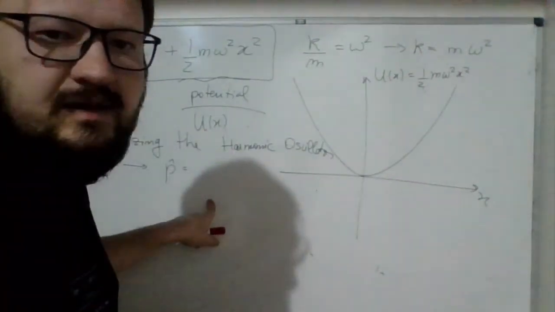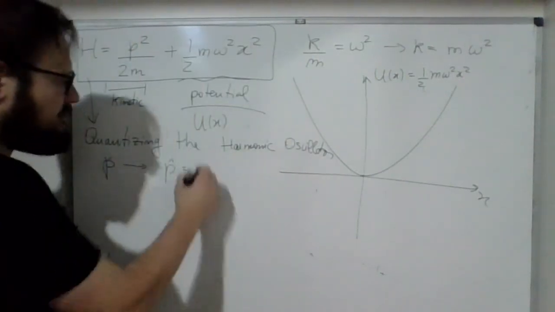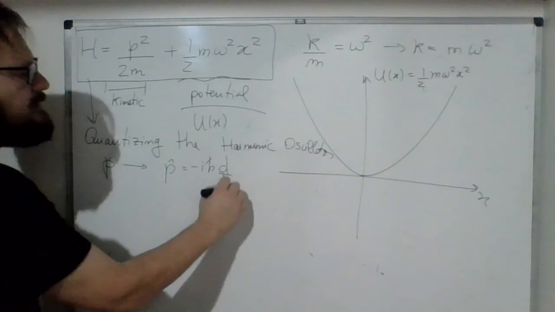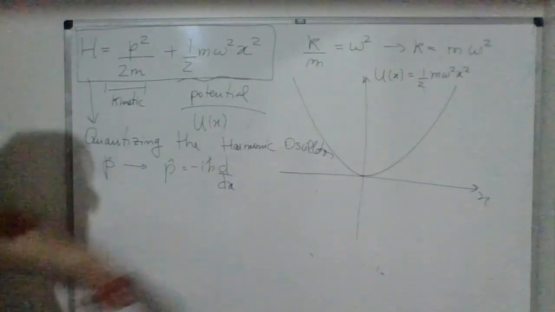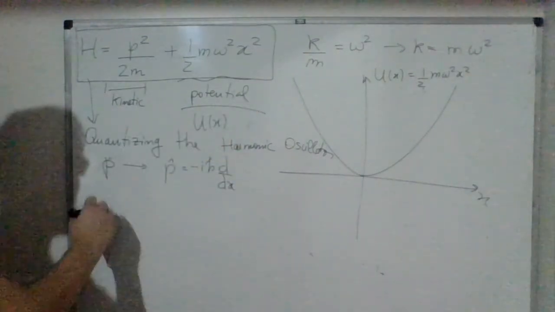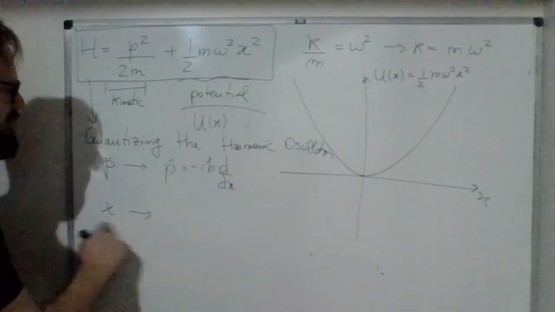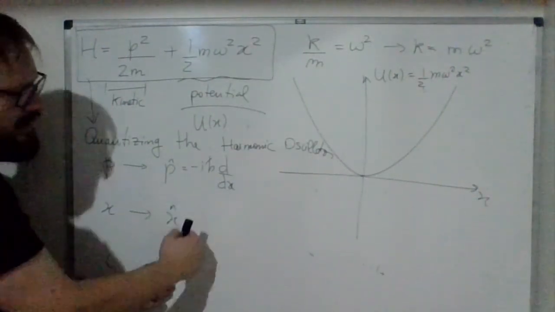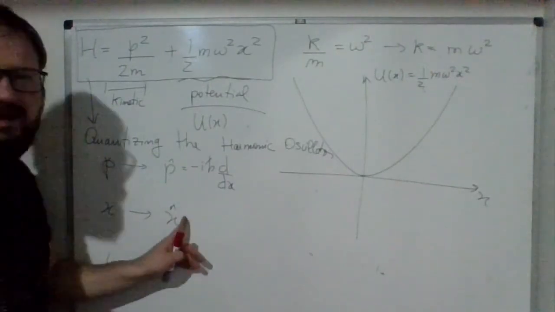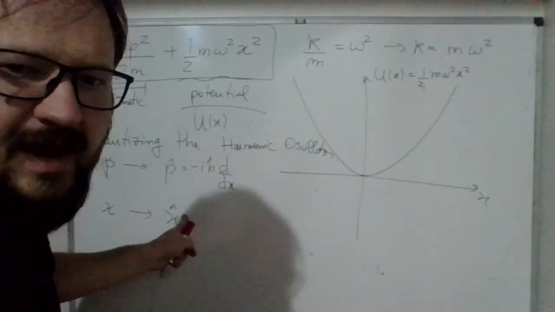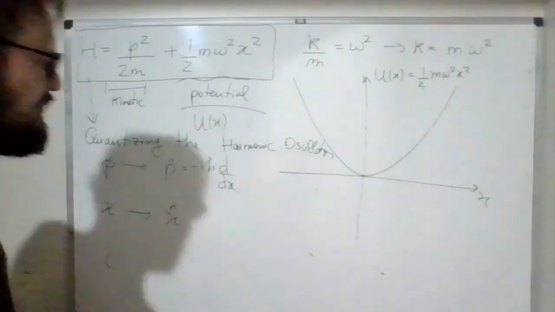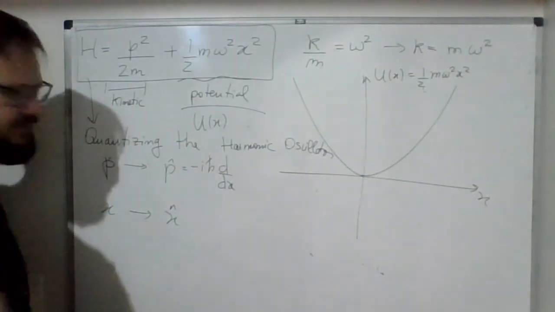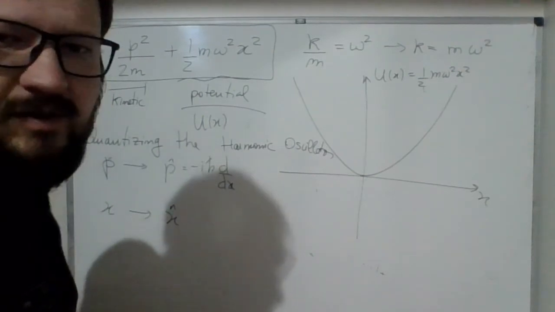We are dealing with just one dimension, so this is minus i h bar, partial derivative with respect to the x variable, and we replace position by an operator, all right? But when acting at some position eigenstate or eigenket, it will produce just the eigenvalue, which is some x value, some position for that particle, all right?